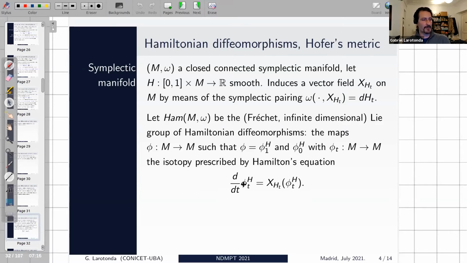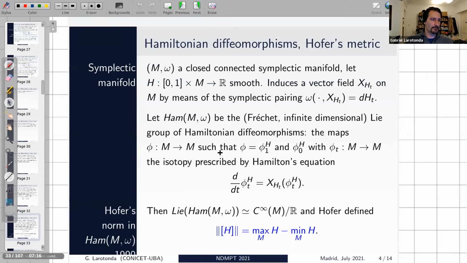This is Hamilton's equation. You follow the path. I didn't say it, it's missing here, but the path should start at the identity diffeomorphism. And then at the end, you obtain another diffeomorphism, and the family of all these endpoints of isotopies is the set of Hamiltonian diffeomorphisms, and it in fact forms a nice Lie group.